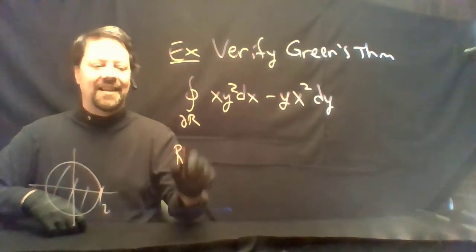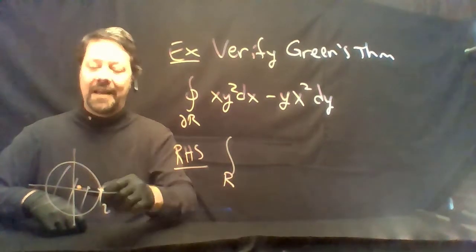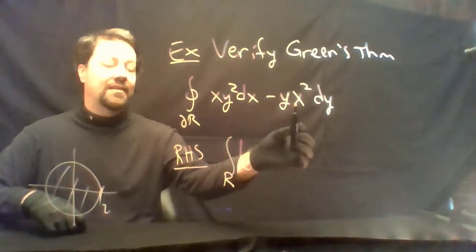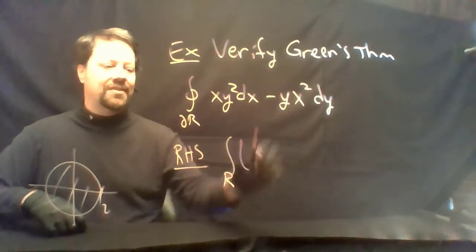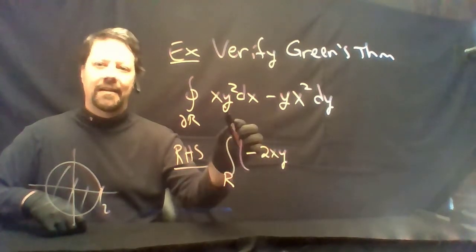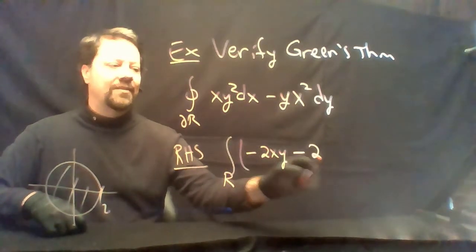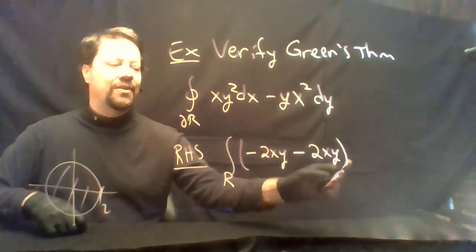Let's do the right-hand side first. Integrate over the disk dn dx, that's minus 2xy, and then minus dm dy, which is also 2xy.